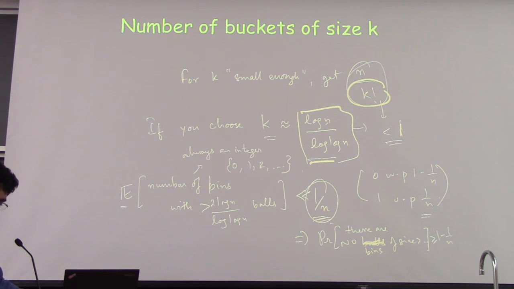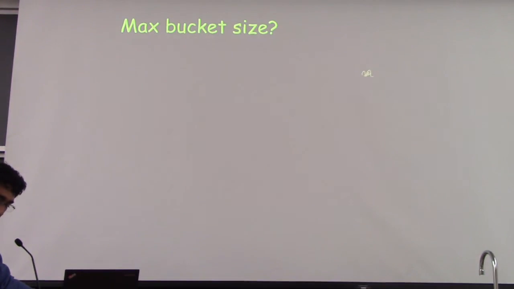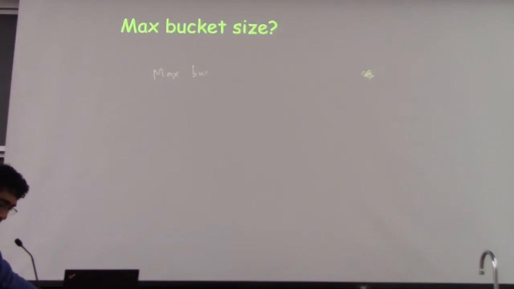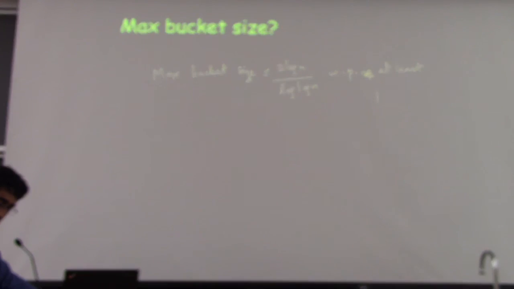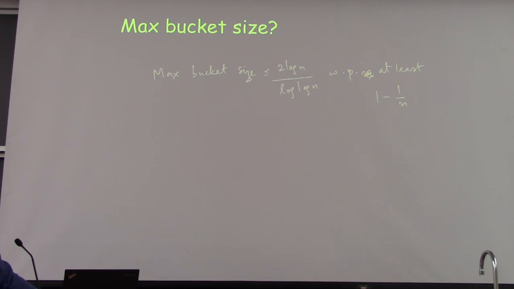And what this says in particular is that the max bucket size is smaller than 2 log n by log n with probability at least 1 minus 1 by n.